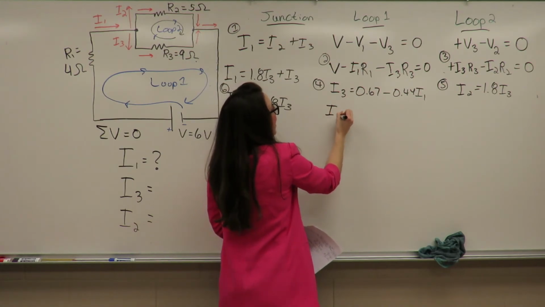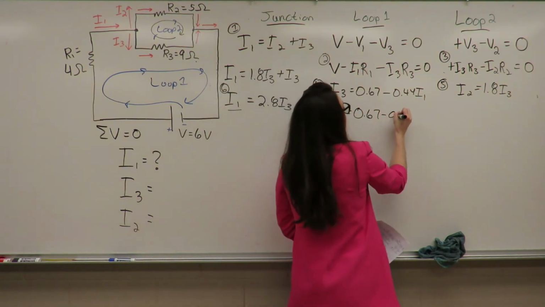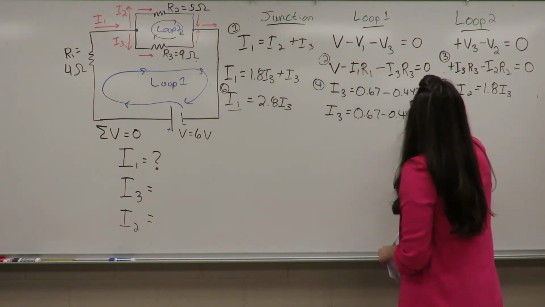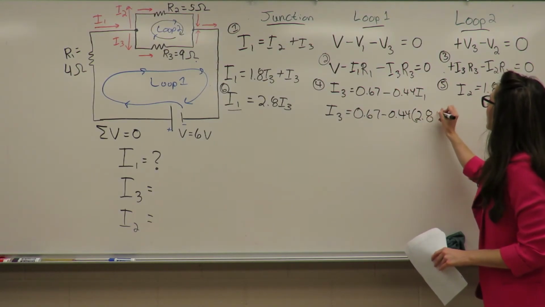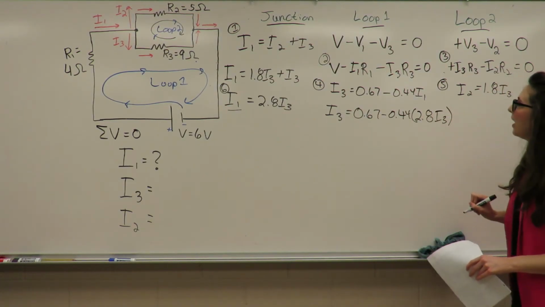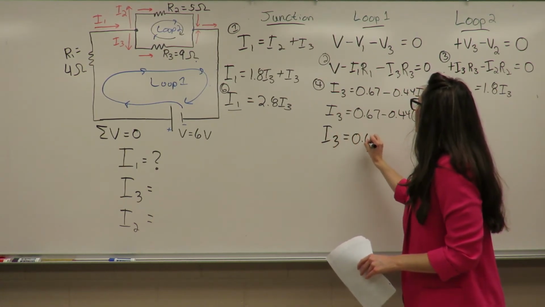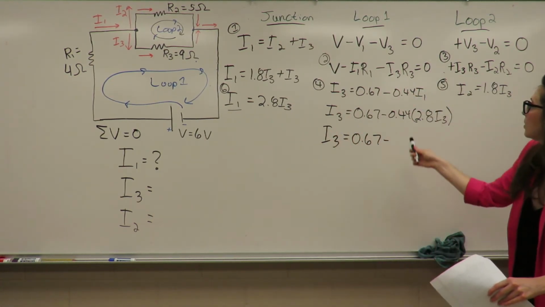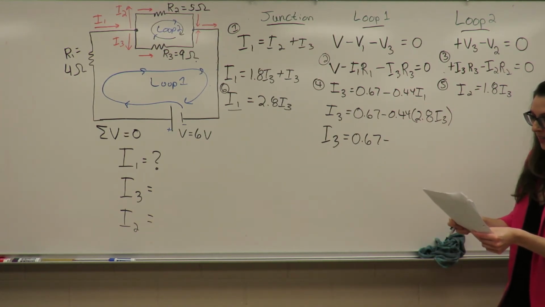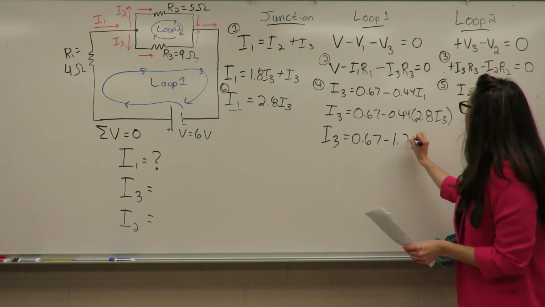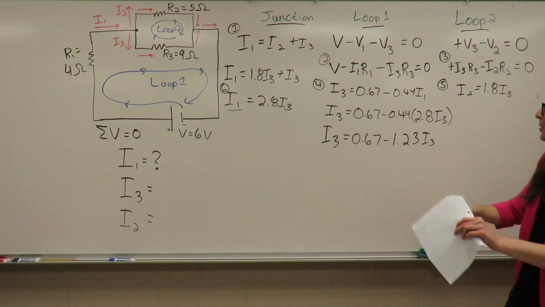So now I3 is equal to 0.67 minus 0.44 times my value, 2.8 I3. That gives I3 equal to 0.67 minus 0.44 times 2.8, and that's minus 1.23 I3. Okay, almost there.